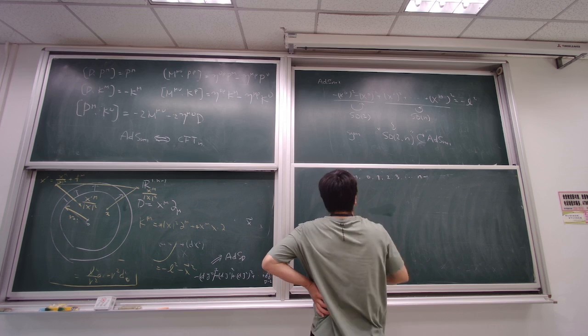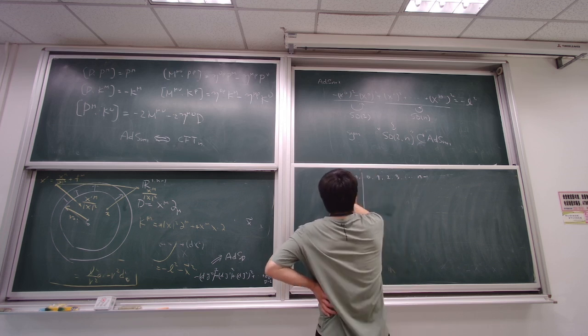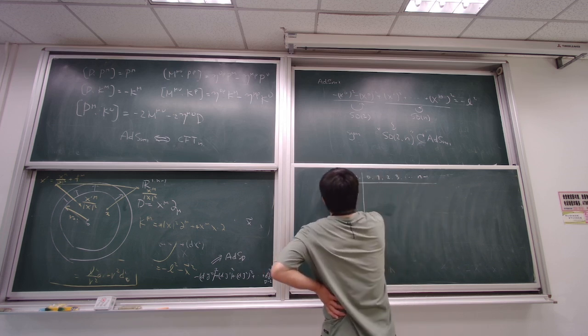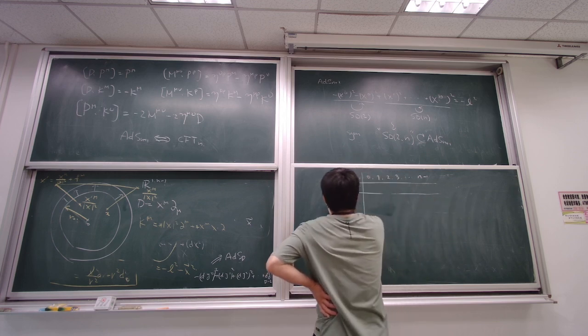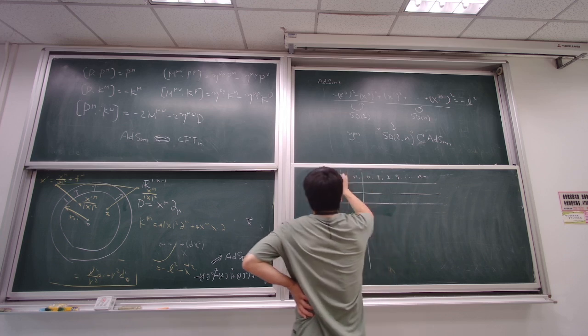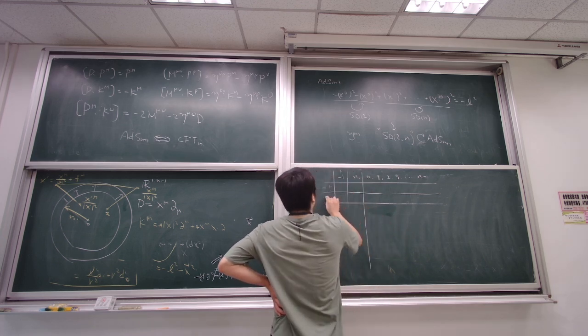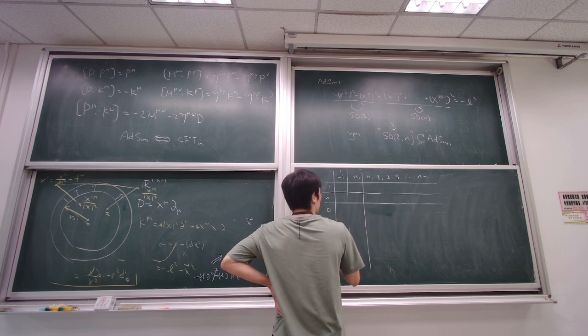These are like this way: -1, n, and then 0, 1, 2, 3, and so on.